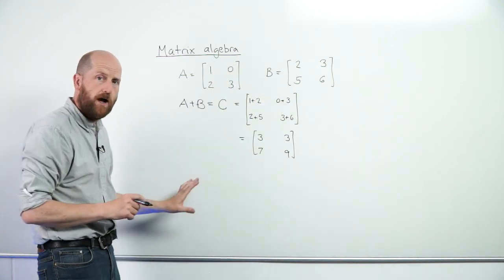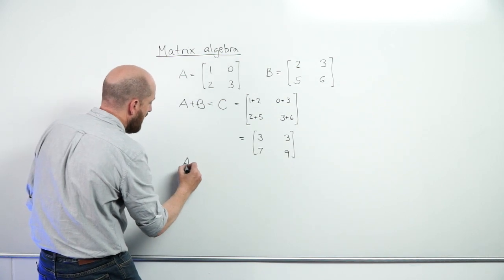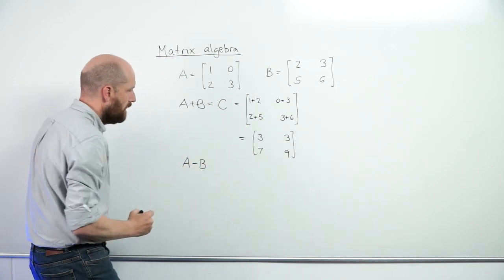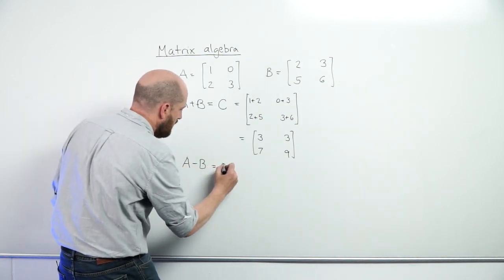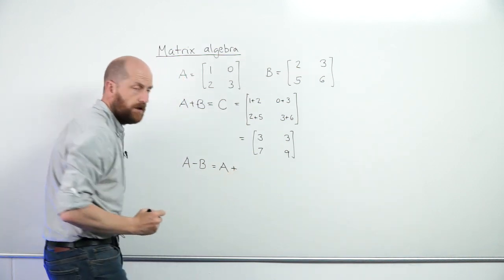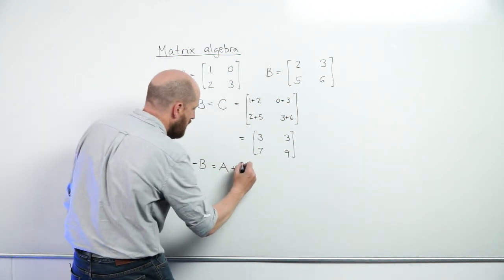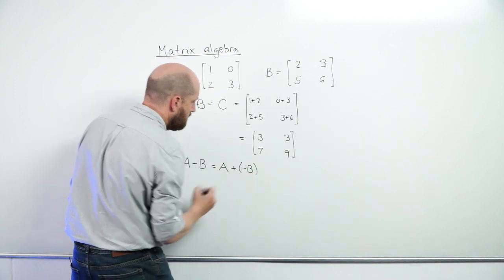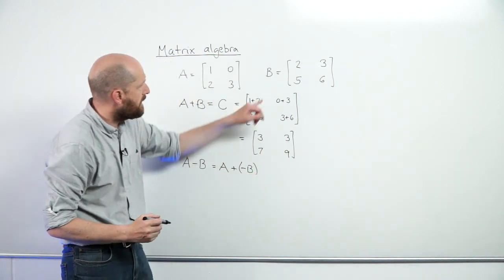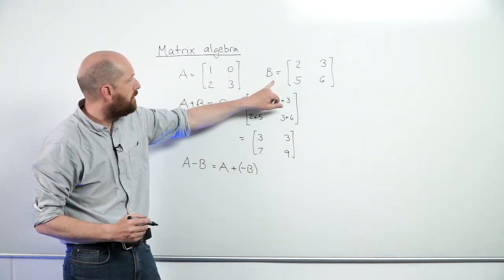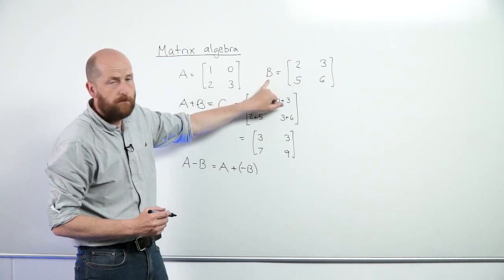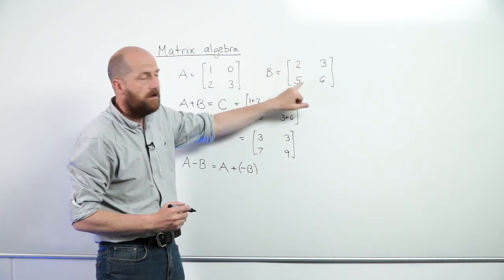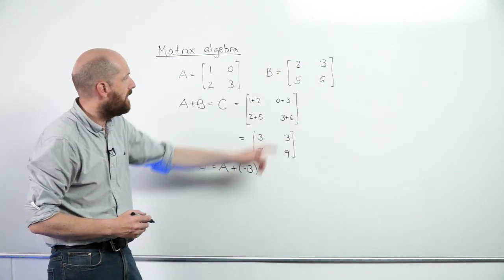If I want to subtract matrices, let's say I want A minus B, then actually what I think of is really the sum, but it's a sum of A and minus B, minus B being B times minus 1. I know how to multiply B by minus 1. I make every element the opposite sign, i.e. negative.